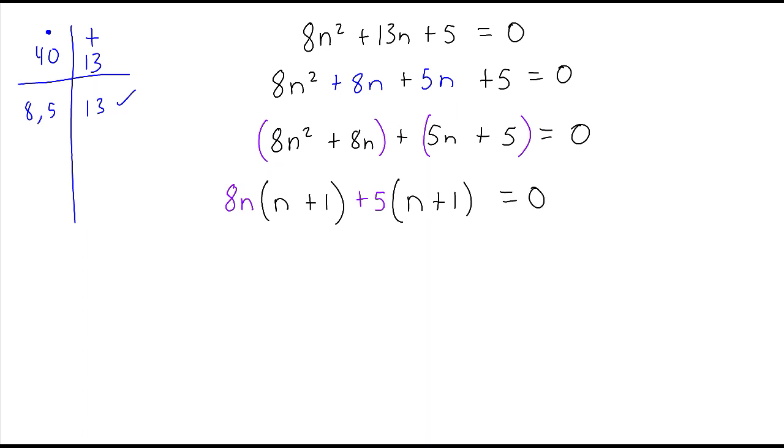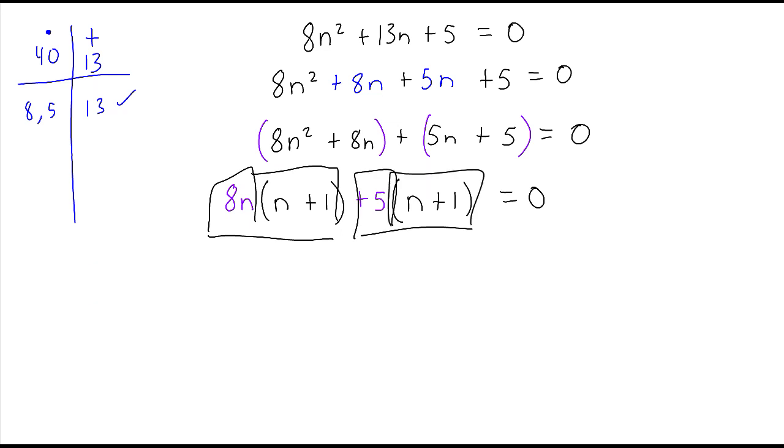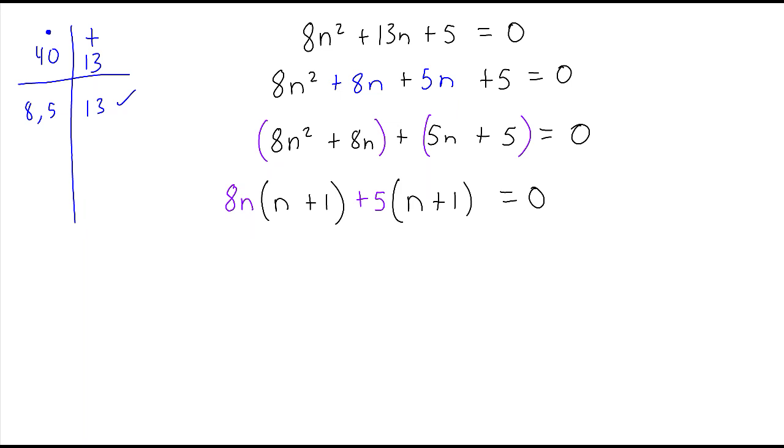Good. The two parentheses match. I know I'm doing things correctly. I have two terms, and they both are broken up into factors. You will see that n plus 1 is a common factor for both of those. So n plus 1 is my common factor.